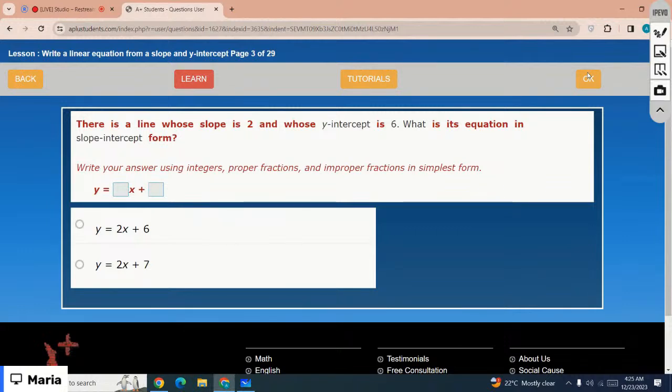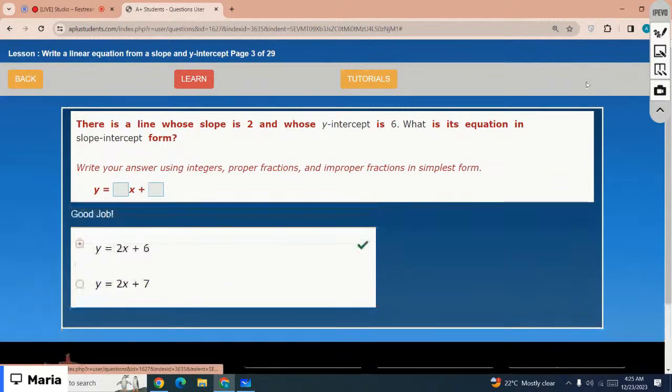Yes, option number 1 is the correct option. Y equals 2x plus 6 is the correct option.